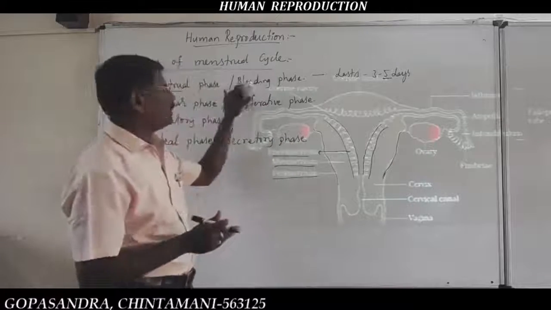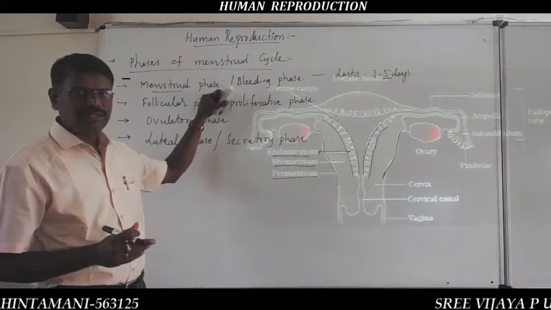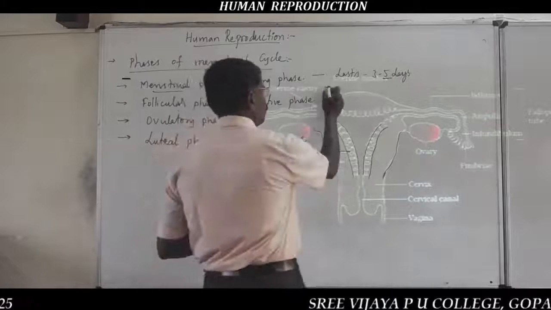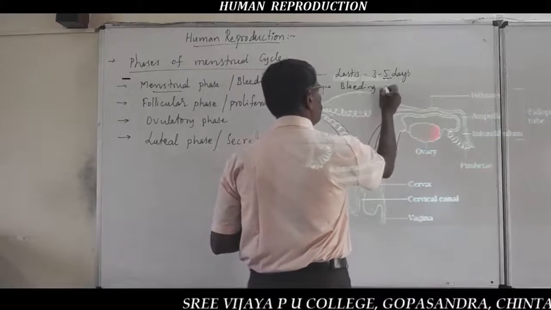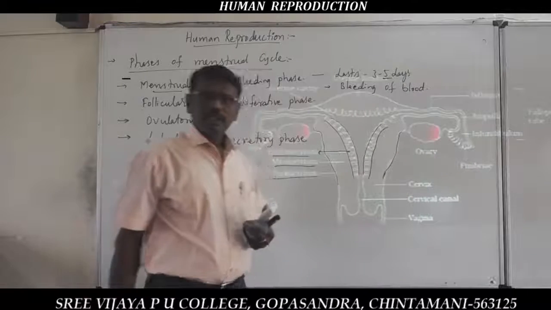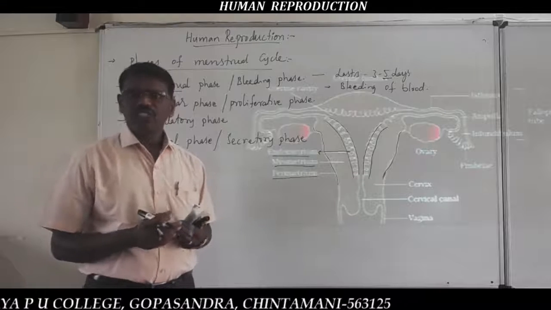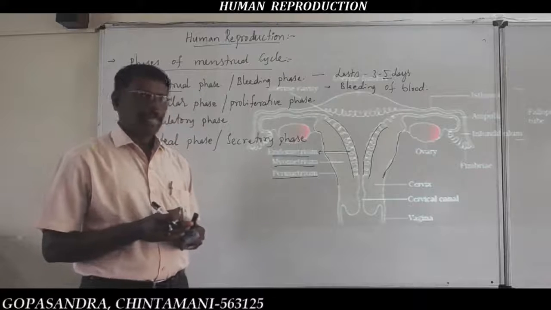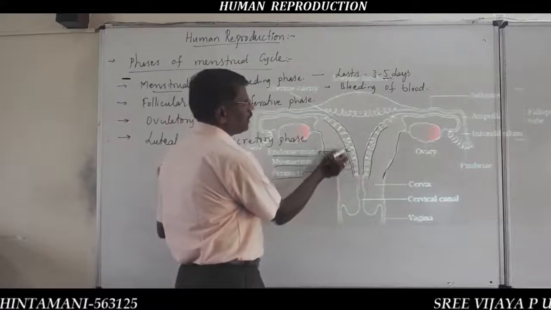So commonly, the first menstrual phase lasts 3 to 5 days, during which there is bleeding. How is the red colored fluid released from the vaginal portion? See here, it is the endometrium layer.